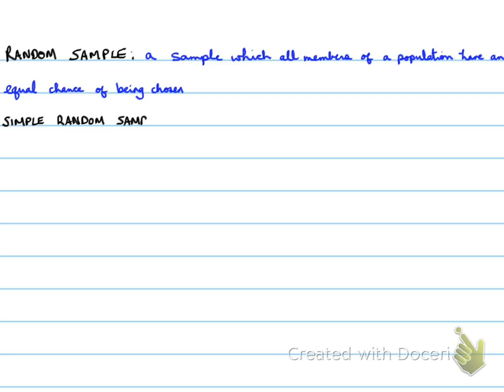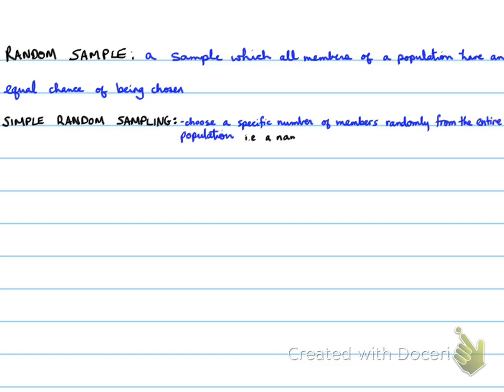Simple random sample is choosing a specific number of members randomly from the entire population, i.e., a name out of a hat, or picking 200 random students from the computer. Or even picking marbles out of a bag, things like that. All of those are simple random sampling.